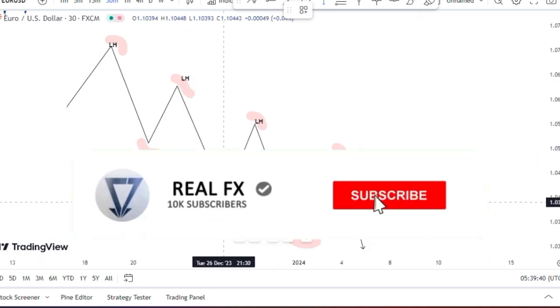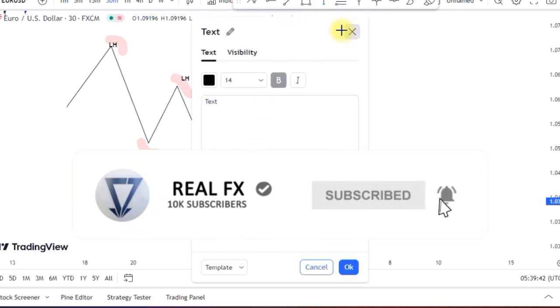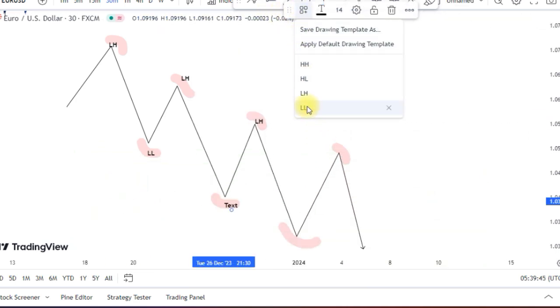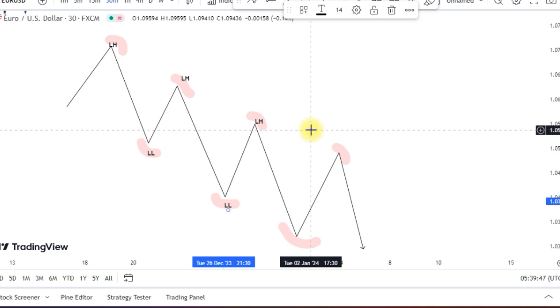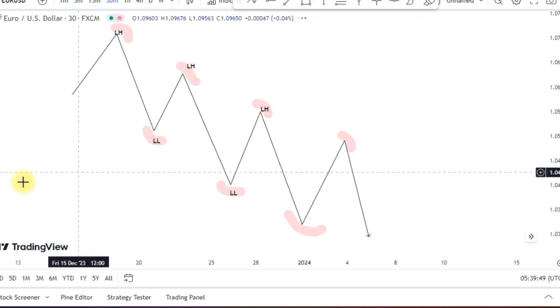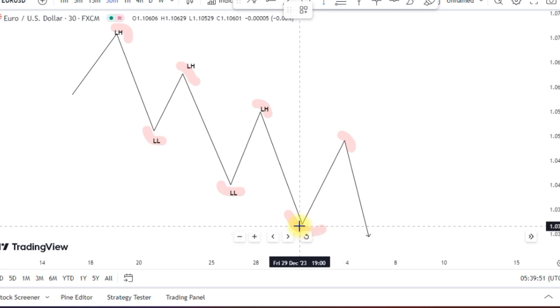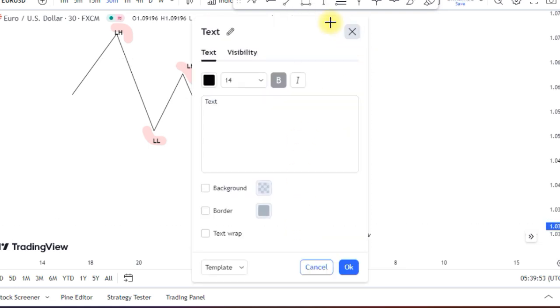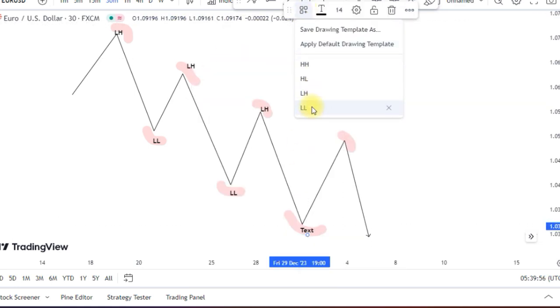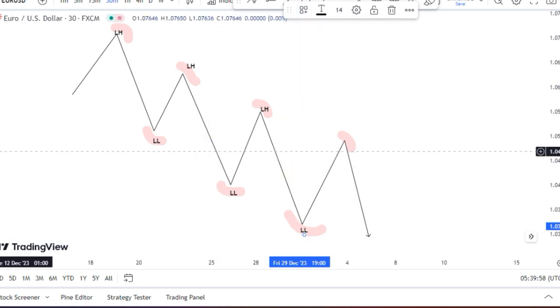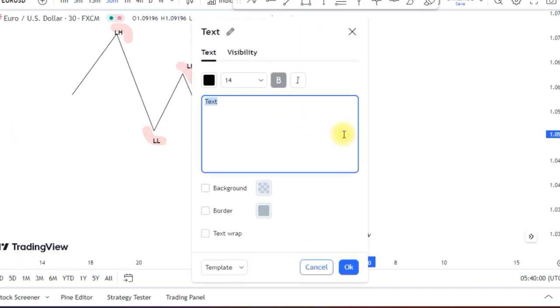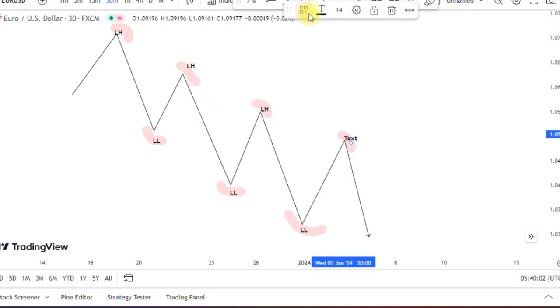And also this here would be our lower low. This here is also our lower low, and this also here is our lower high. So this is a very simple sketch of a downward trend.